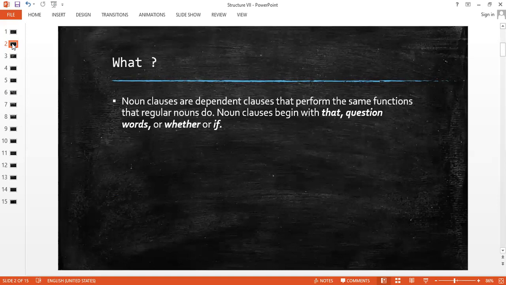Noun clauses are the same as another common noun, but here noun clauses actually act like additional information that you want to deliver to the targeted person, or to the readers, or to the opposite speaker. Noun clauses usually begin with that, question words, or whether or if.